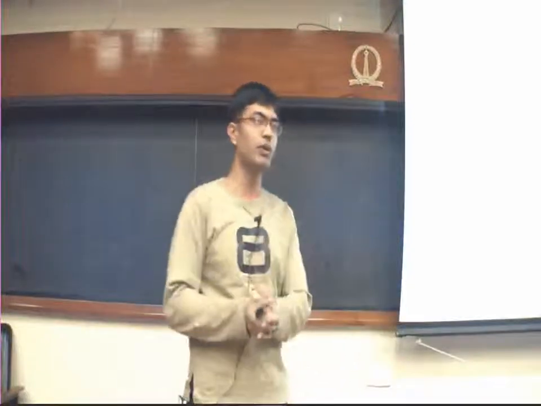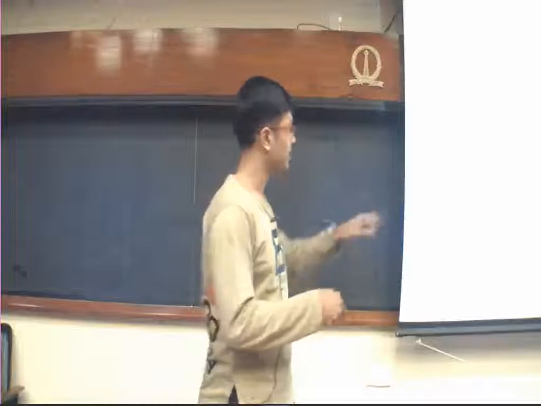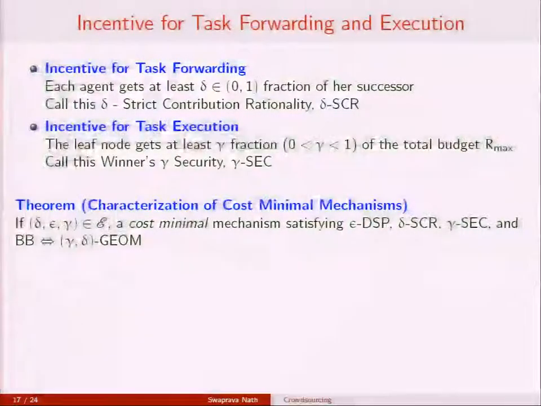If I find the balloon myself, I should get at least a gamma fraction of the total reward. Under certain conditions on gamma and delta, which make it budget balanced and so on, you can satisfy all these desirable properties: epsilon DSP, that is approximate Sybil proofness, delta SCR, gamma secured, and budget balance. It is equivalent to a mechanism called the gamma delta geometric mechanism.